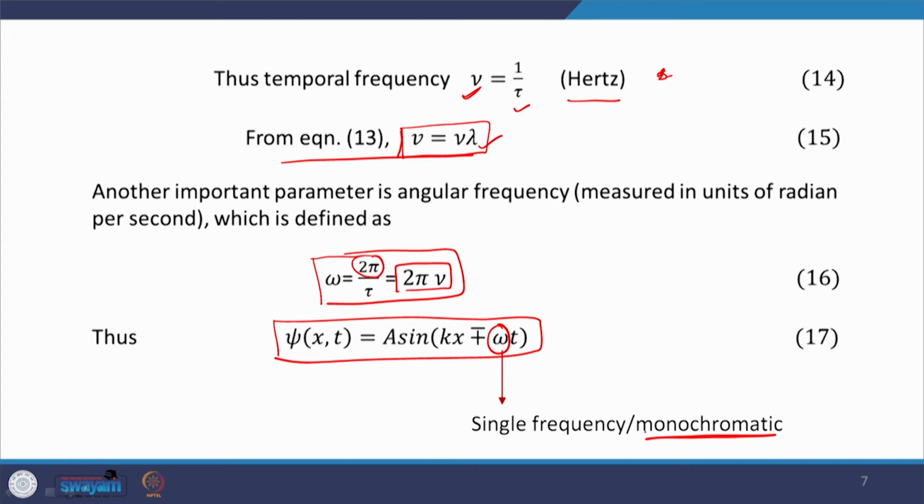All waves have a certain bandwidth, and these waves are called polychromatic waves. But if this bandwidth is very narrow, then the wave is very close to a monochromatic one, and these are called pseudo monochromatic.